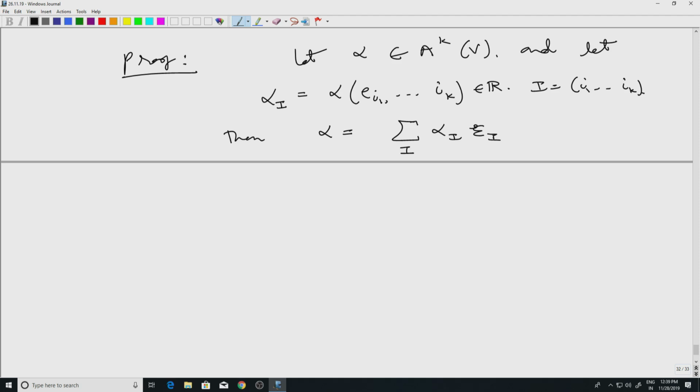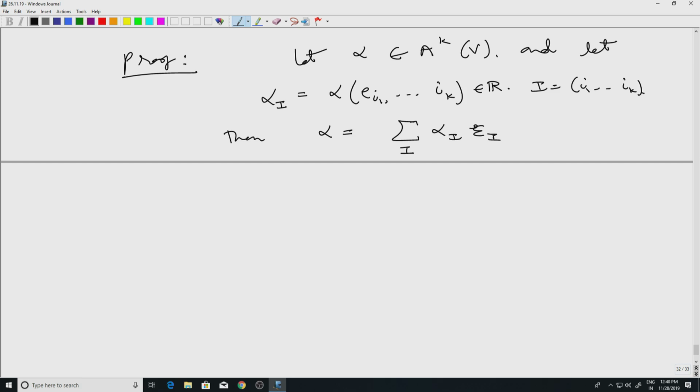is, well, if you want to see this is true, as we have seen many times, in order to check the two K tensors are equal, we just have to evaluate both tensors on basis vectors by multilinearity, and that's what we'll do.